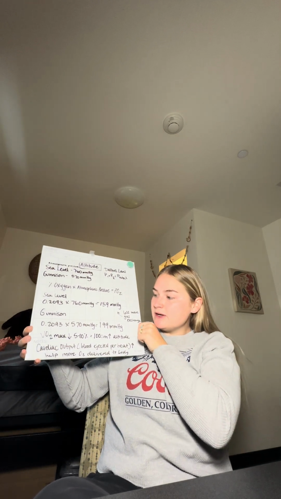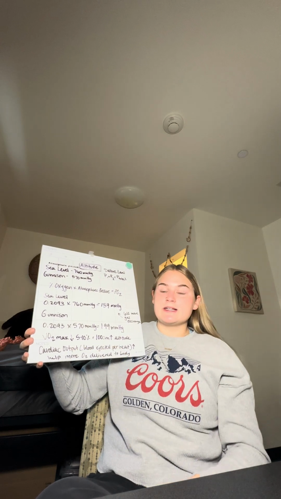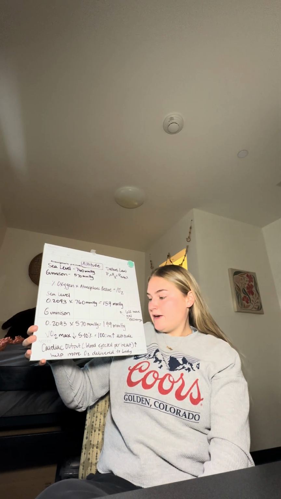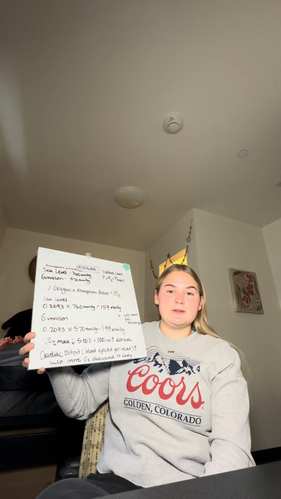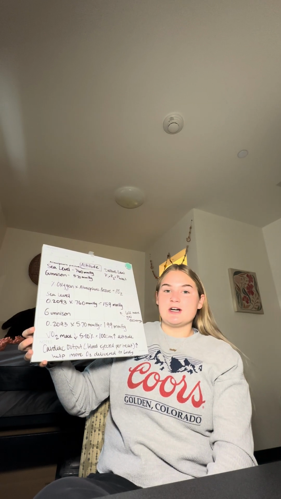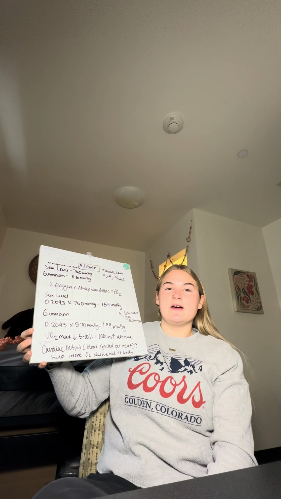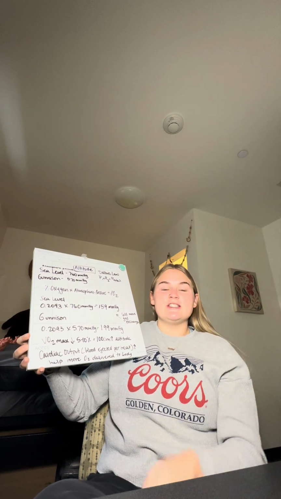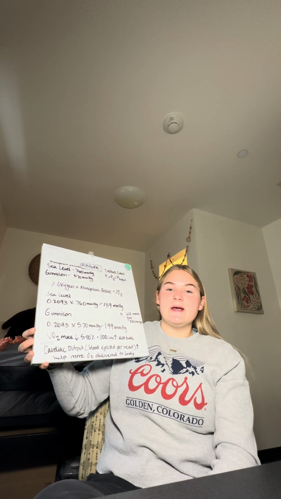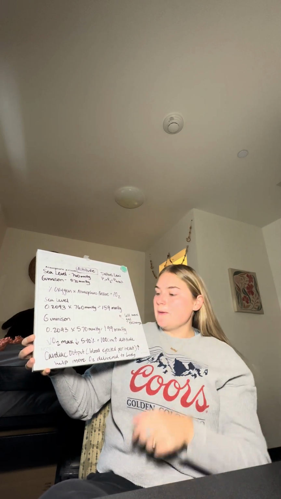So more gas exchange is happening at sea level than you would be here at Gunnison or at altitude. And this affects your VO2 max by 5 or 10% with every 1,000 meters you go up in altitude. So it does play an impact because the gas exchange is not the best where it could be, like at sea level.